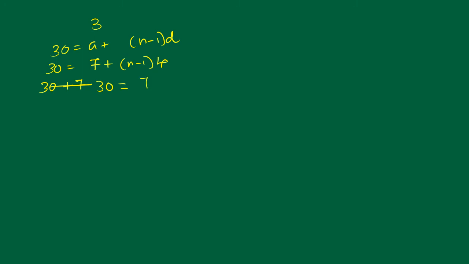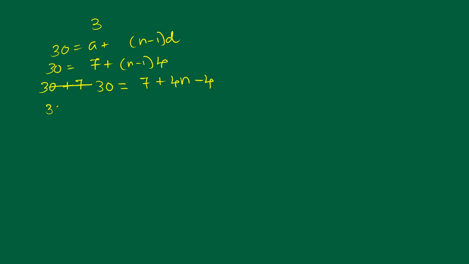You have to show that 30 doesn't exist in this arithmetic progression. So you can write 30 is a plus n minus 1 into d, right? So 30 is 7 plus n minus 1 into 4. You get 30 equals 7 plus 4n minus 4.